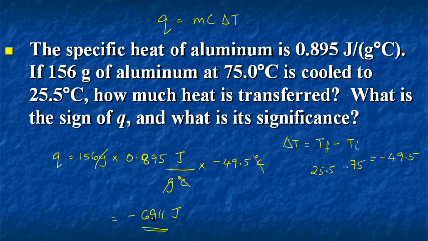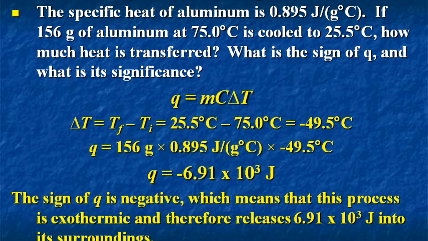So from the negative sign of Q, you can conclude that this is exothermic. Expressed in scientific notation, that is 6.91 times 10 to the power 3 joules. So the sign of Q is negative, that means the process is exothermic, or it releases that much heat into the surroundings.